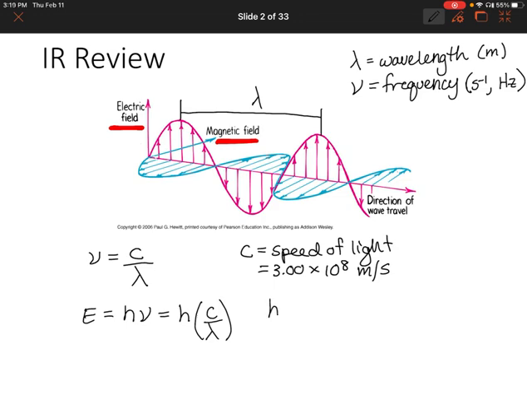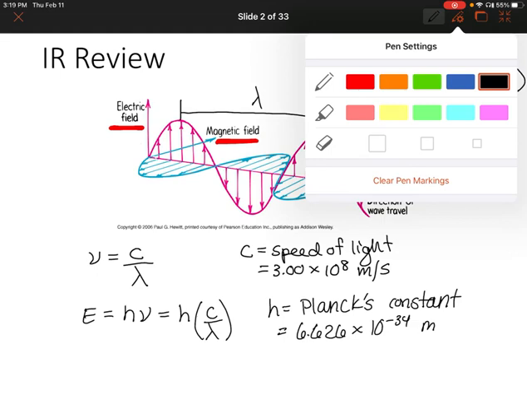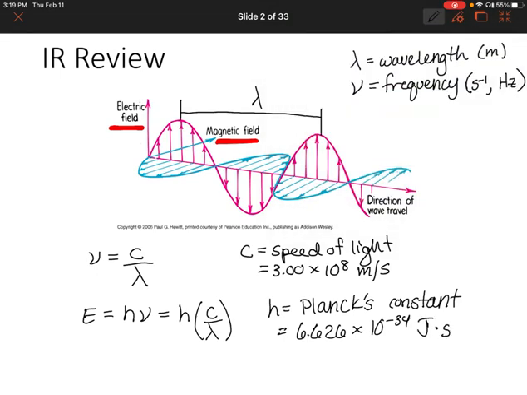So h is Planck's constant, and this is equal to 6.626 times 10 to the negative 34th, joules, not meters, times a second. All right. Now, you can have, for instance, a packet of light, also called a photon.